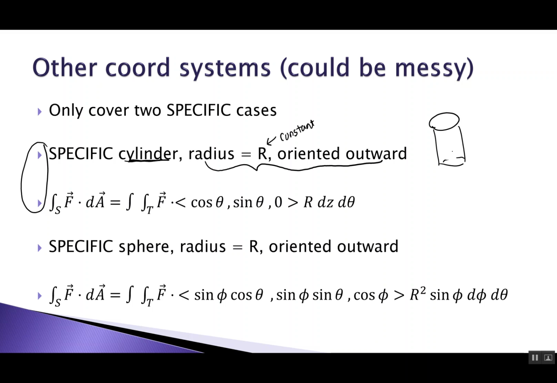And in cylindrical coordinates, when I mean outward, I mean parallel to the xy plane. It doesn't have any slant to it. So horizontal, this outward, these are horizontal vectors. Okay? In that case, this is your dA.